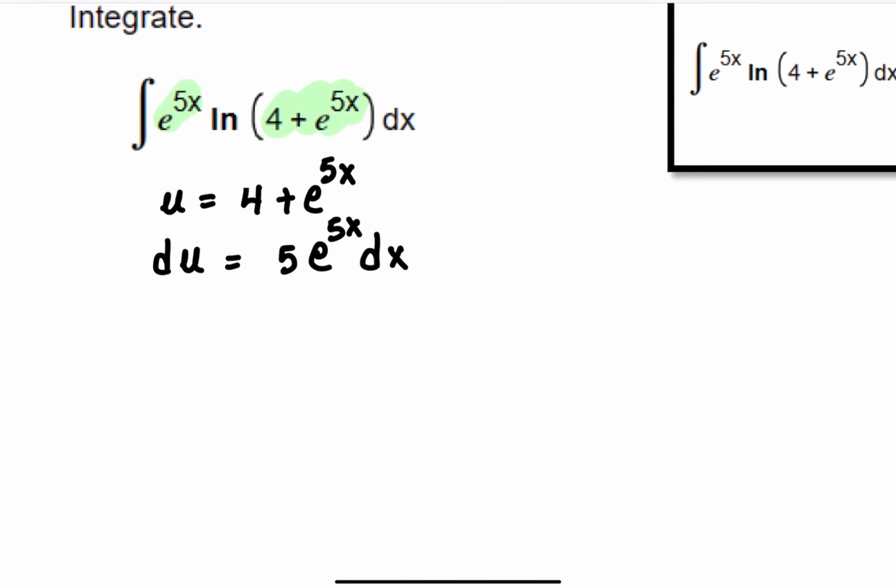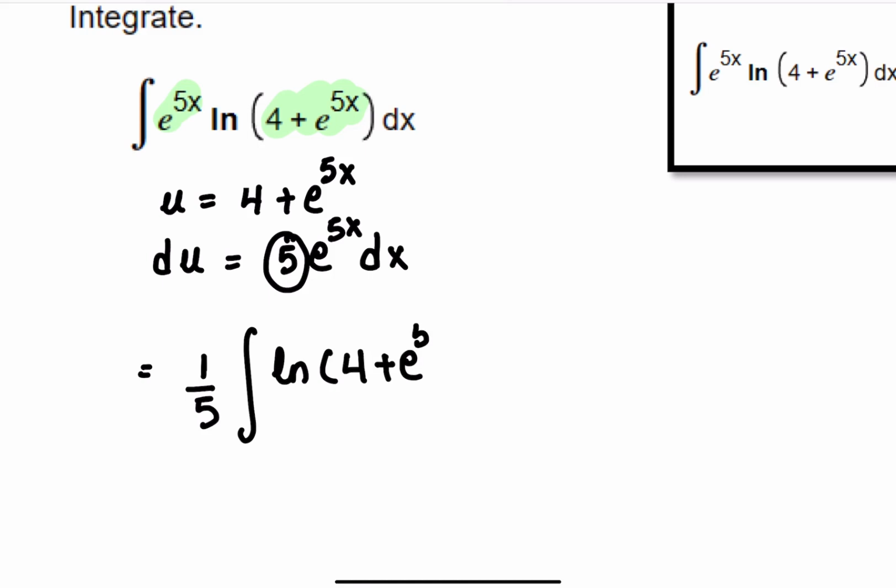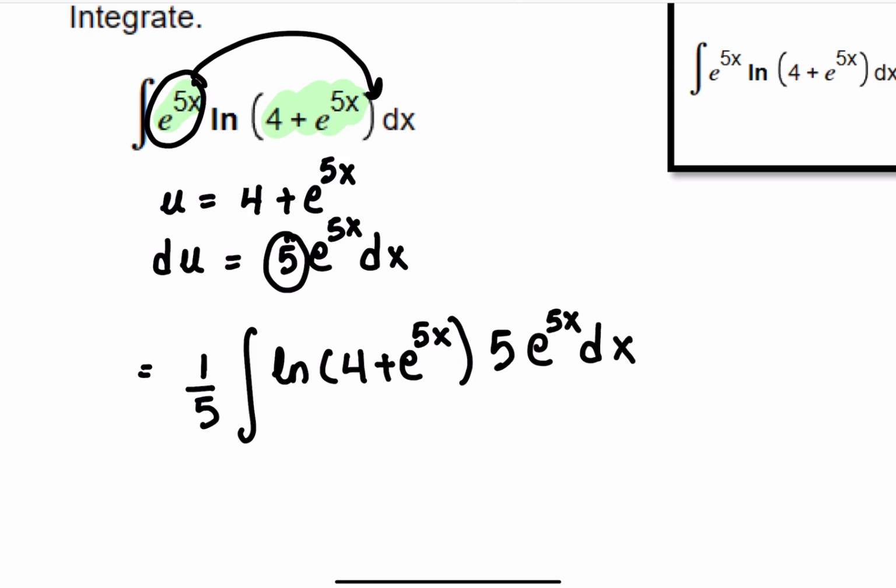As you can see, the 5 is missing. So what I'm going to do is 1 over 5 times the integral of ln of 4 plus e to the power 5x, and I'm going to bring the 5 e to the power 5x dx to this side.